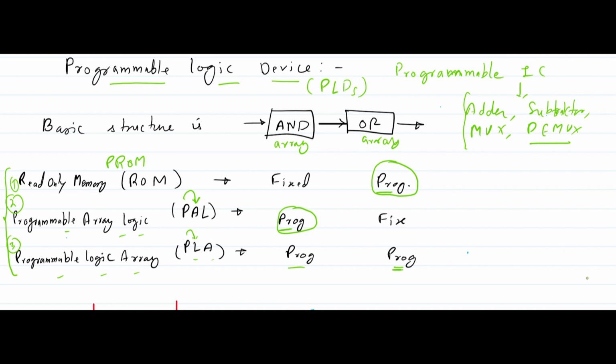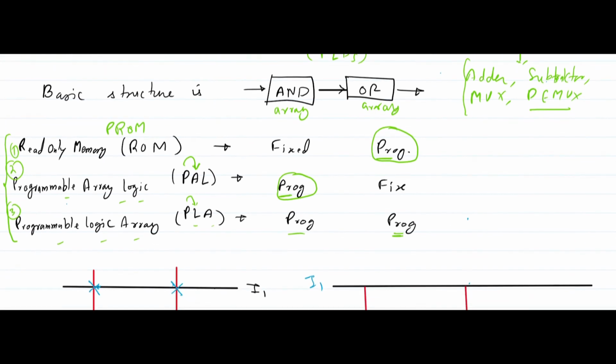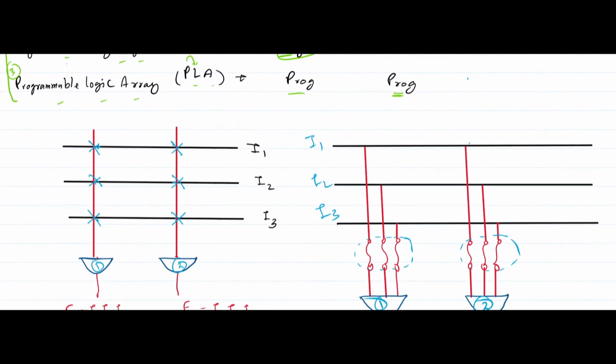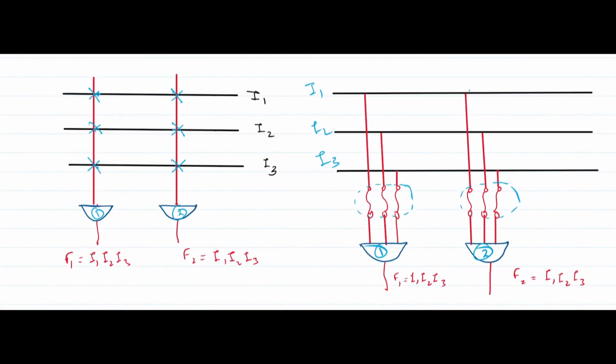Now the basic structure that we will have: when I say programmable, how do we show these programmable connections? We will show a programmable connection like this array or this mesh. Here suppose we have three signals I1, I2, I3, and initially an AND gate is there. Initially this AND gate has all the inputs.